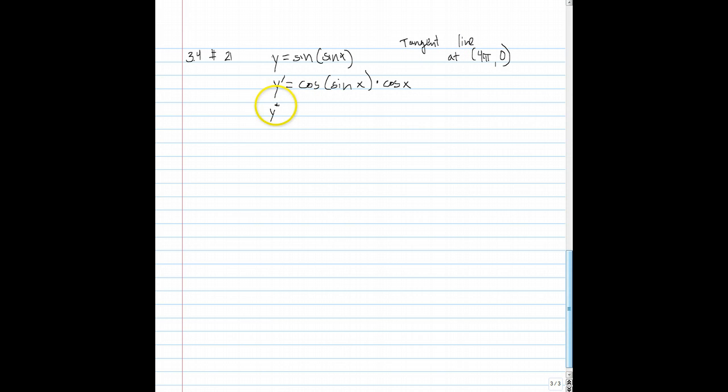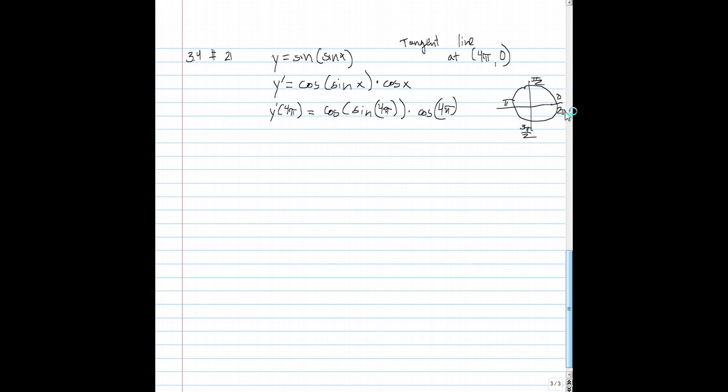So y prime of 4 pi is equal to cosine of sine of 4 pi times the cosine of 4 pi. If you remember your unit circle, you have 0, pi over 2, pi, 3 pi over 2, 2 pi.